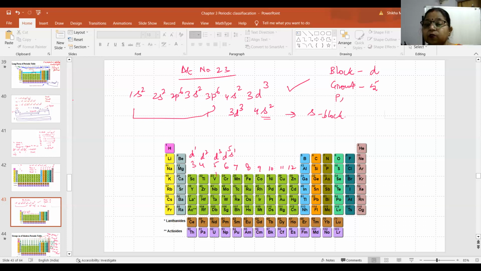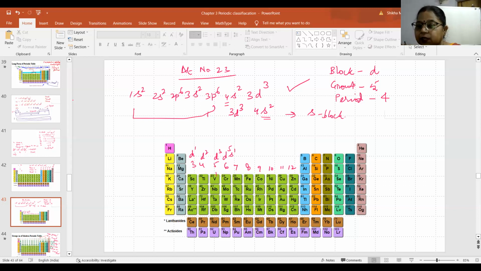Now when we talk about period, by this time, if you have done a good practice, you can simply say that the highest principal quantum number is 4. So the period number will be 4. See, there are two different things. One is the order of filling, and the other is how to answer this question, right?